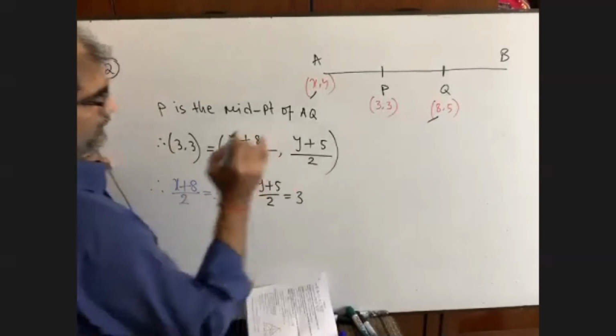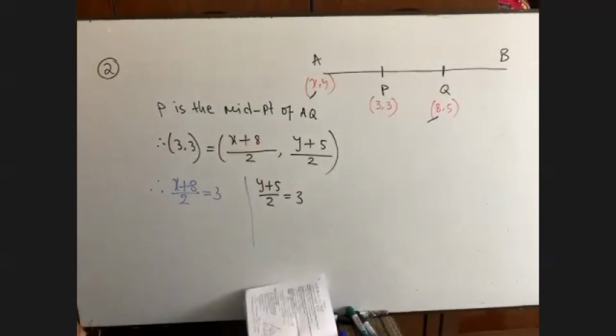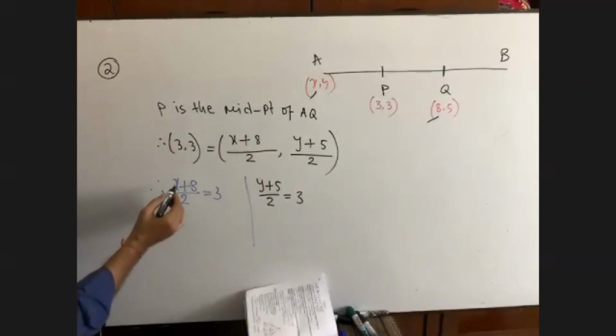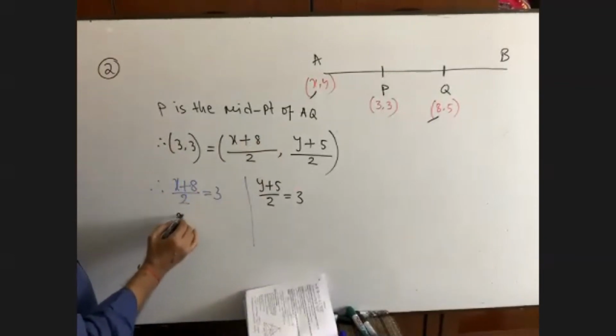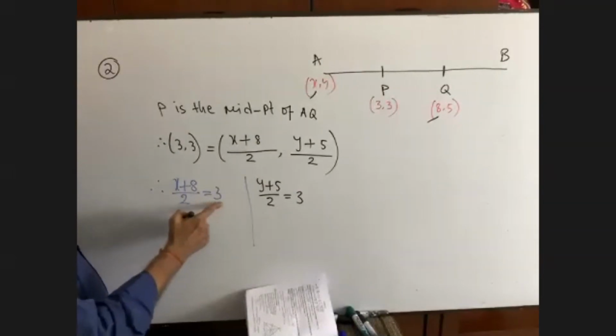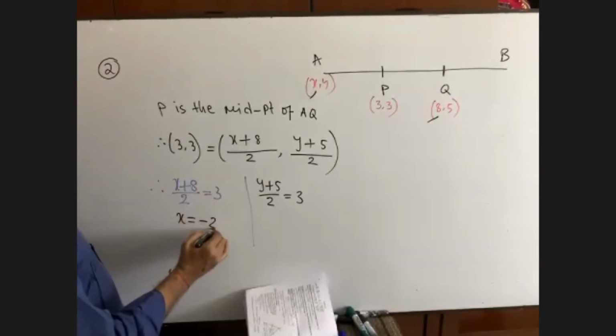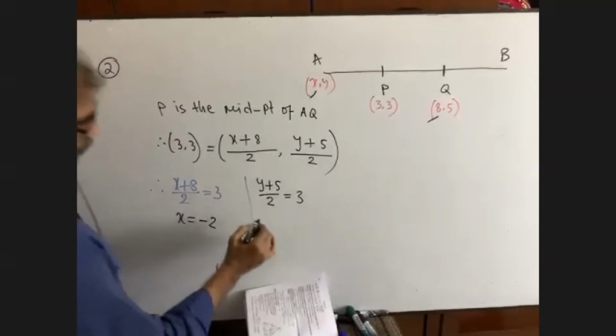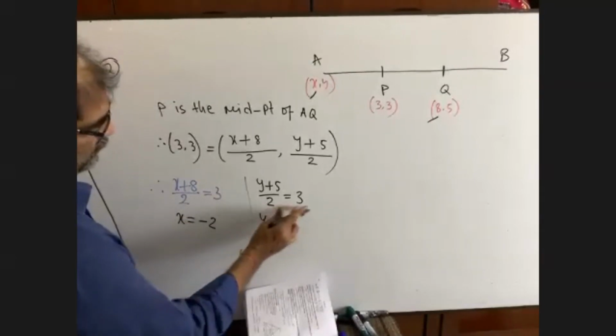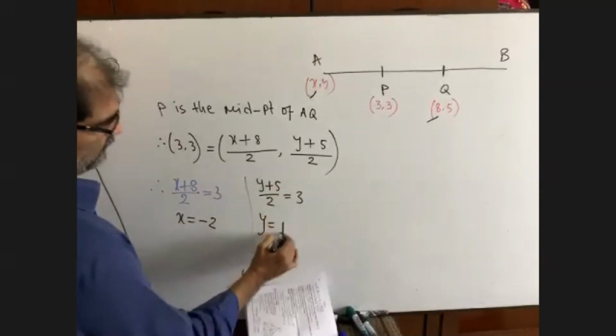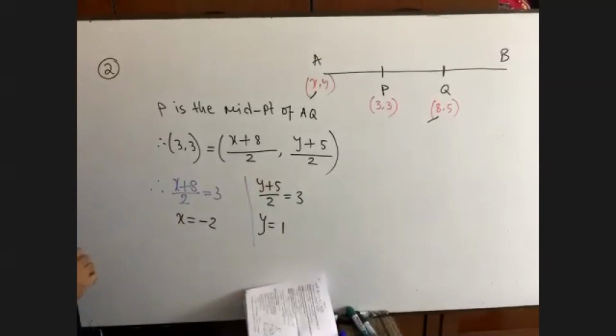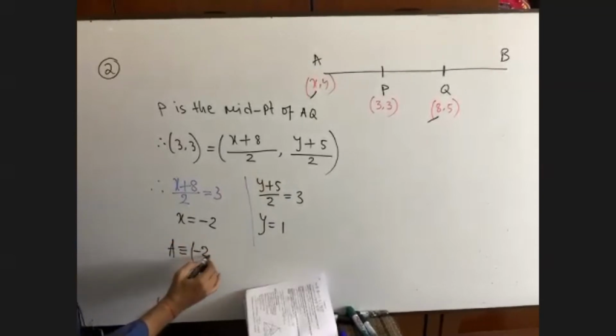Can you write? That means from here we get x equals 6 minus 8, which is minus 2. Here y is equal to 6 minus 5, which is 1. So actually we have got the coordinates of A as minus 2 comma 1.